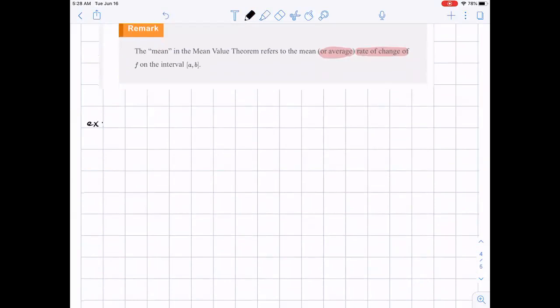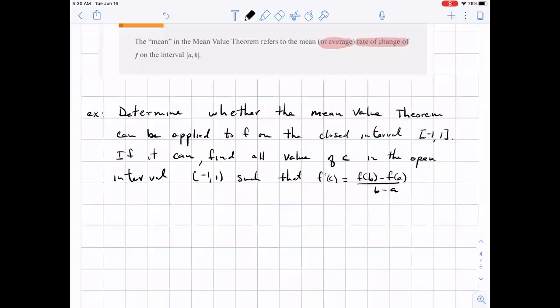So if we look at an example here, what we want to do is determine whether the mean value theorem can be applied to f on the closed interval -1 to 1.